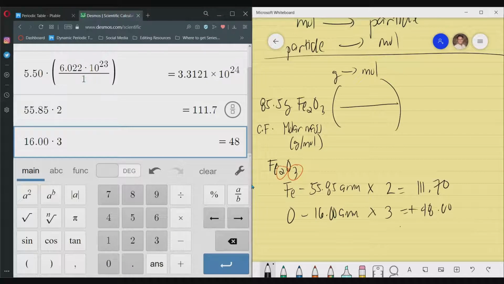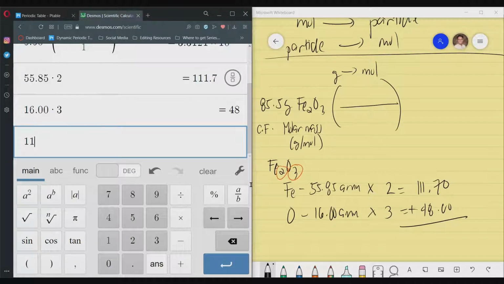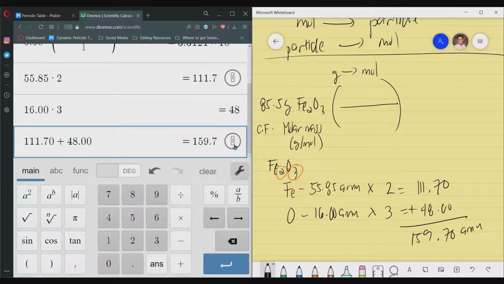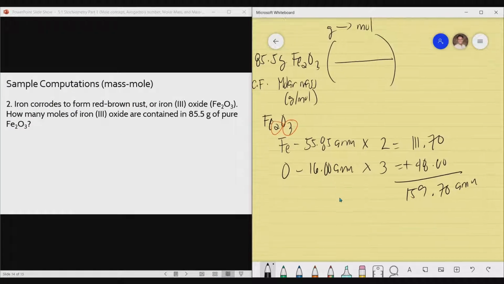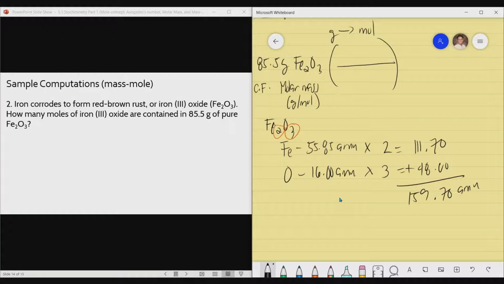Then add them up: 111.70 plus 48.00. I have 159.70 AMU. So at this point, since Fe2O3 is an ionic compound, I have the formula mass.